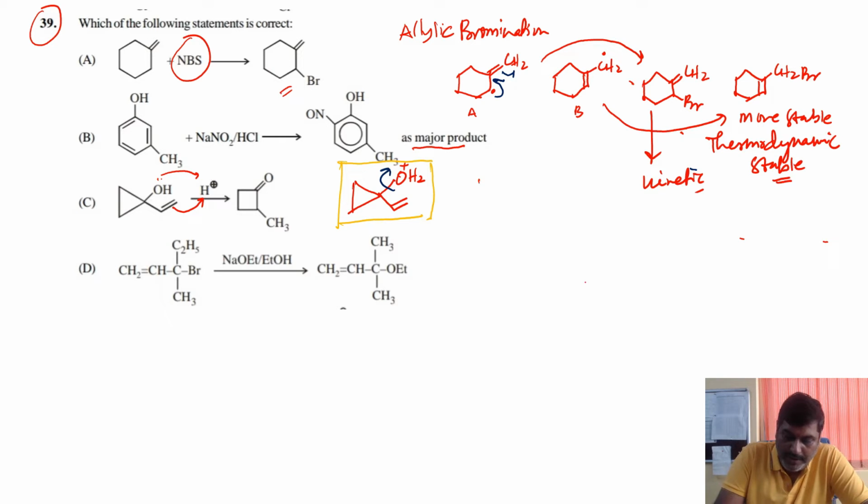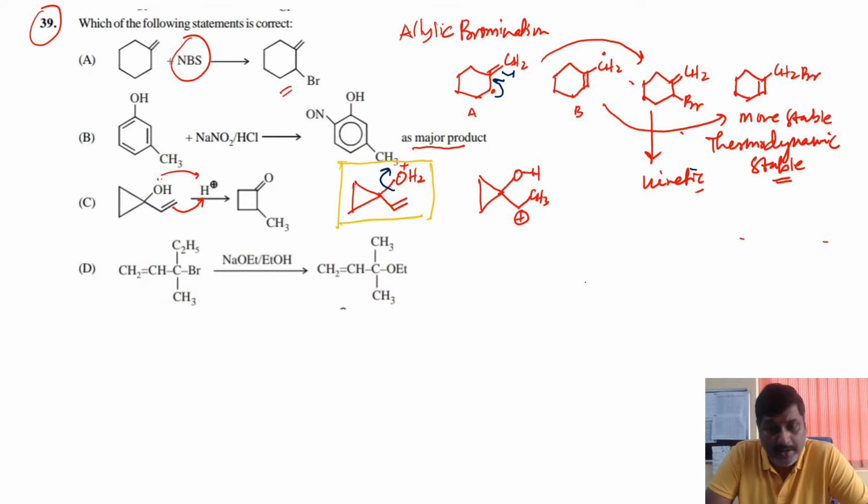Here you will write the OH, and now it's better I write here the CH3, and I write here a positive charge. Yes, after the addition of H plus, this is CH3 plus.